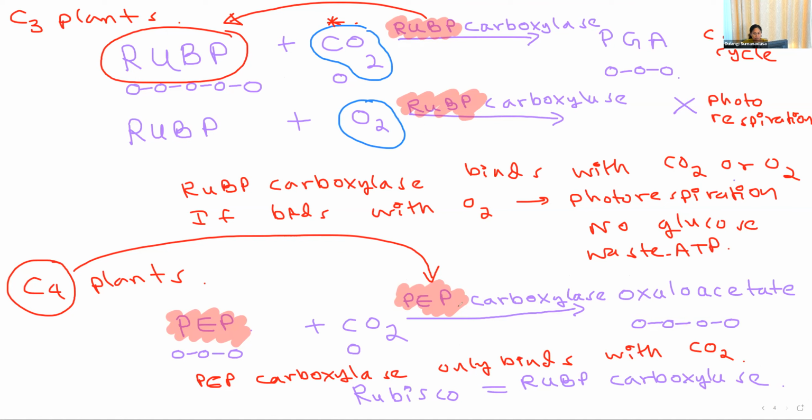If you use PEP carboxylase, we need PEP as the substrate, a 3-carbon compound, and it's going to bind with 1 carbon dioxide from the outside. So the product is going to have 4 carbons. So the first stable product the C4 plant is going to produce is the 4-carbon oxaloacetate. You have to know every single thing on this slide.